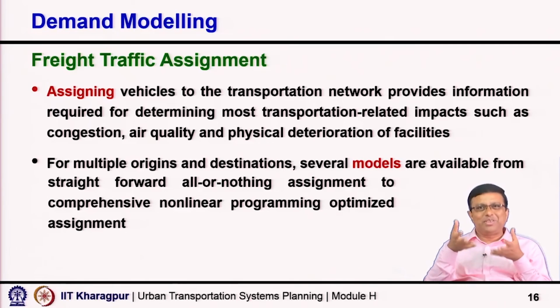We do not expect them to carry so much load. Similarly, in the urban area also, not all roads are designed to carry heavy traffic. Maybe the major arterials fine, but not all roads. So, the physical deterioration that will happen on facilities, what will be the impact on pavement altogether, what will be the impact on air quality, what will be the impact of congestion, all these are important.